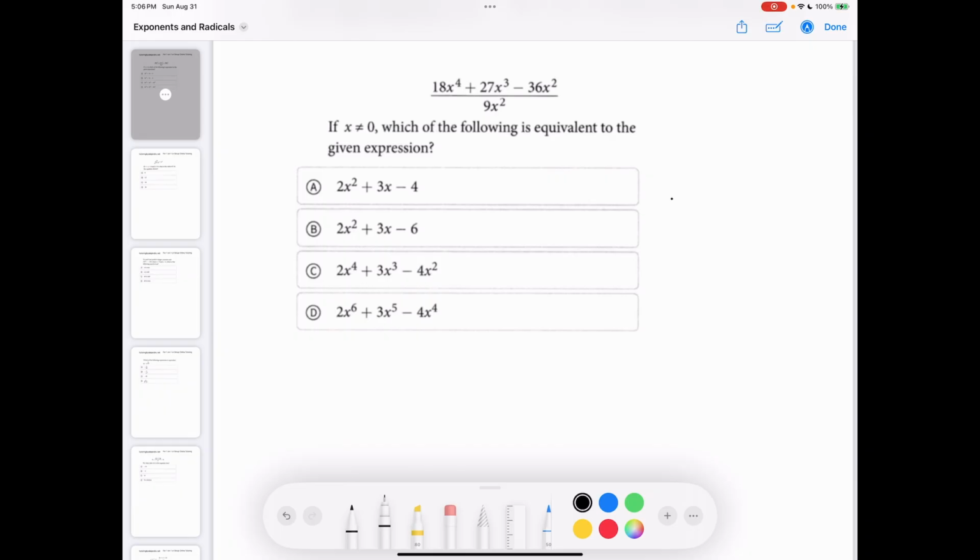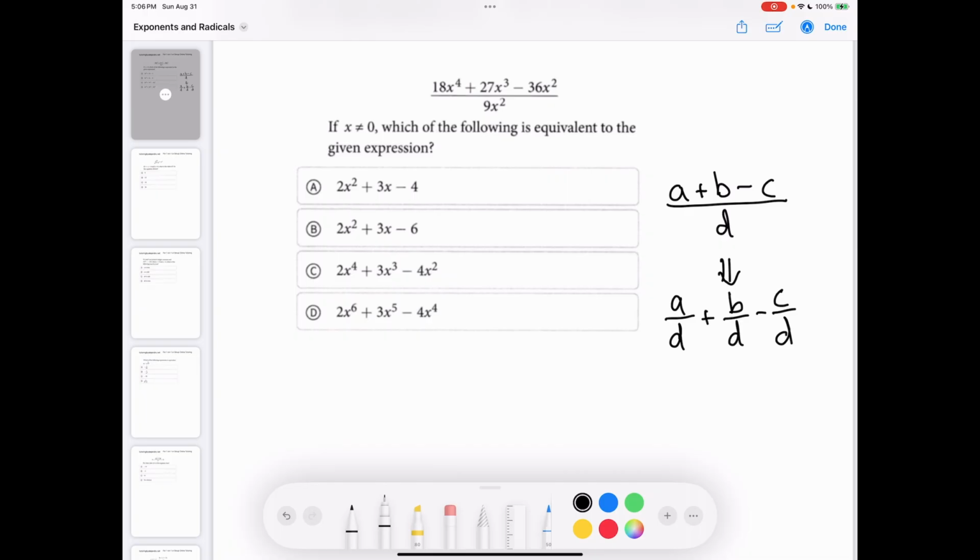Whenever you have an addition or a subtraction in the numerator, let's say you have a plus b minus c, doesn't really matter, all of that divided by d, divided by just one term, I can break that up in this way. This is going to be equal to a over d plus b over d minus c over d. And we're going to do something very similar here.